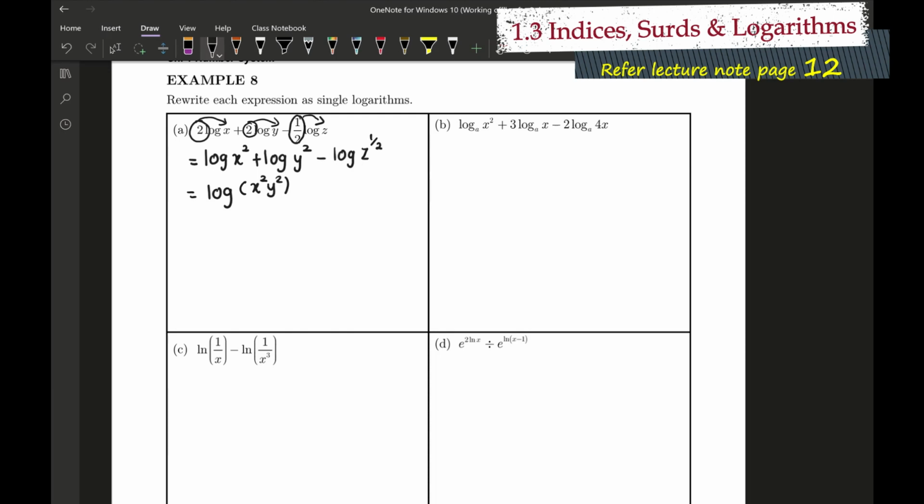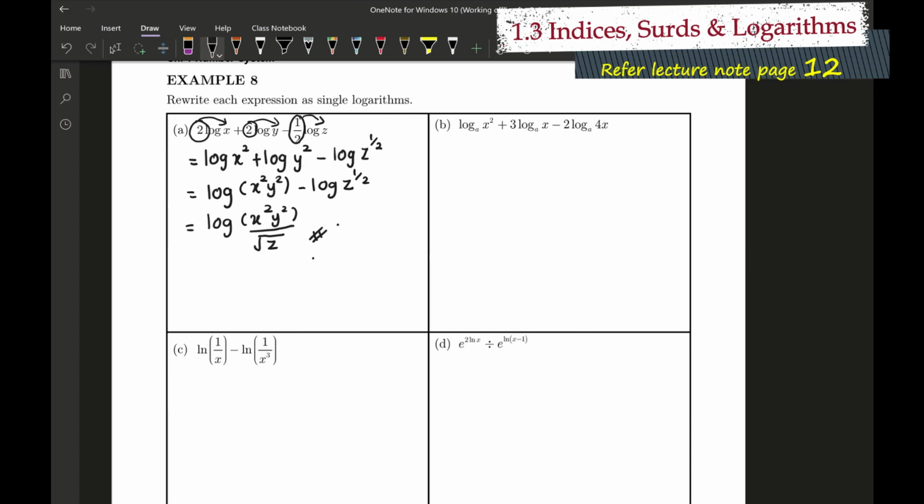If you cannot solve directly, it's okay, one by one. Don't worry. Now we have minus. Minus will become fraction, right? So x square, y square over z. That's it. Now it will become just a single log. Before this, we had 3 different logs, now just a single log by using the law of log, obviously.